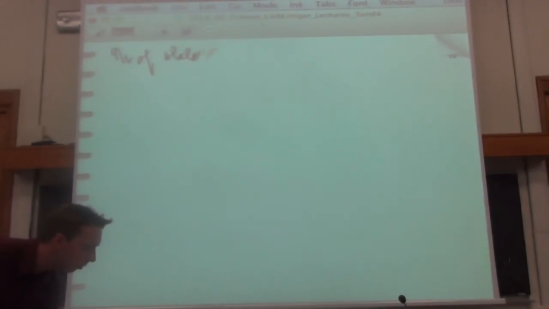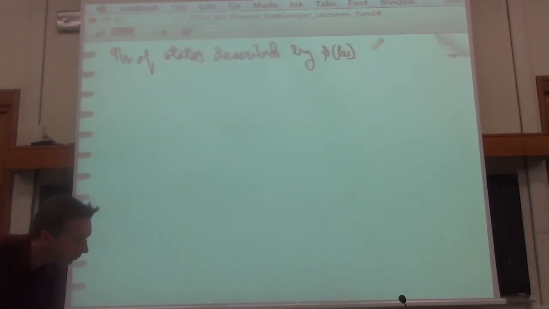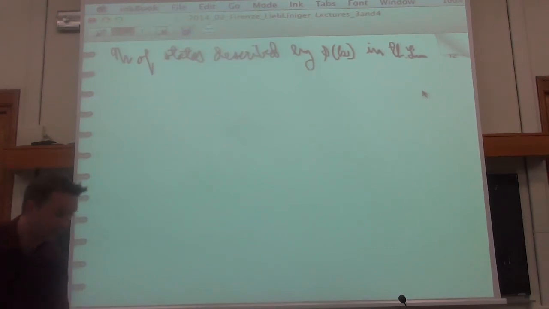So the number of states described by rho of k in the thermodynamic limit, I can just write straight the answer. Given a certain rho of k, for each interval delta k, there are certain numbers of states that you count by just counting the number of permutations within this box that you are allowed.